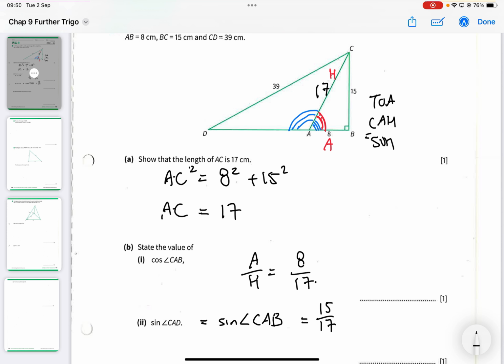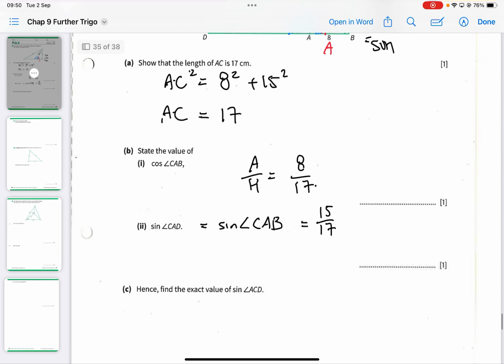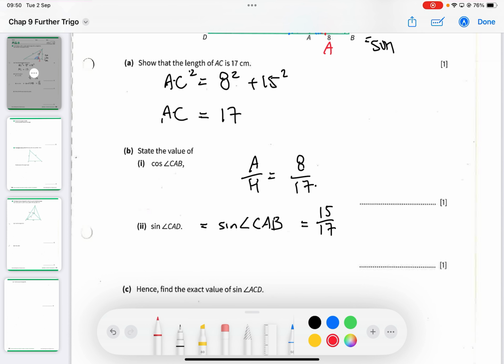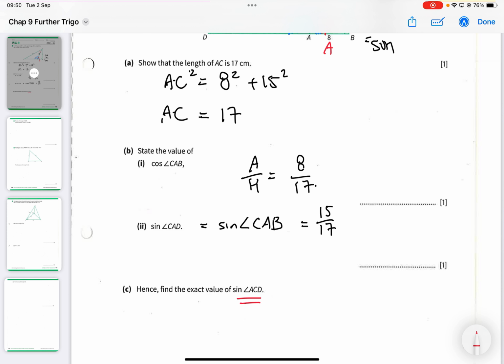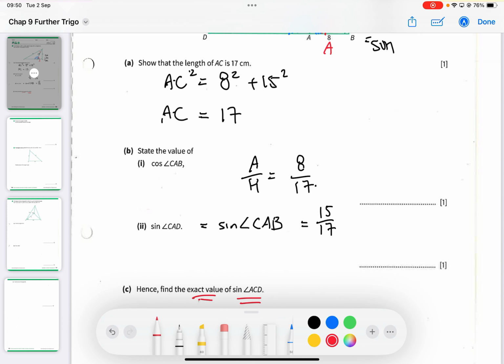Okay? Then we come to the difficult part. You are asked to find the exact value. So the keyword here is exact value of sine ACD. From the words exact value, that is to say you want to find the exact value.